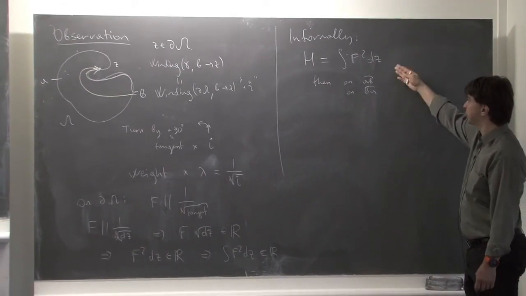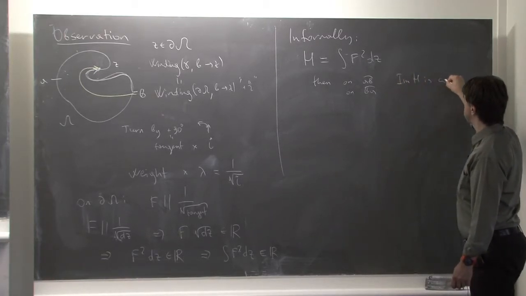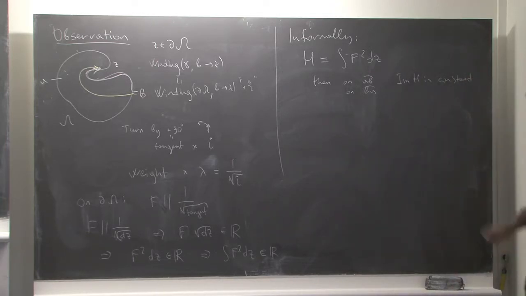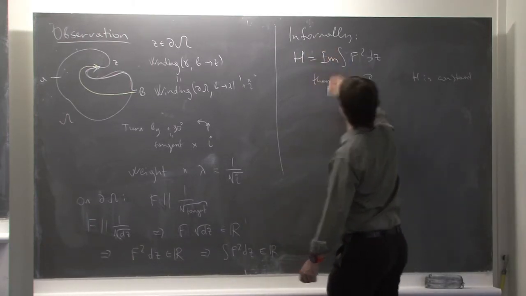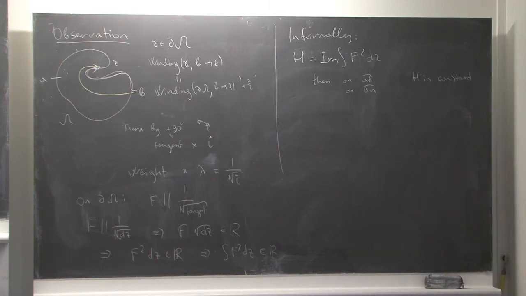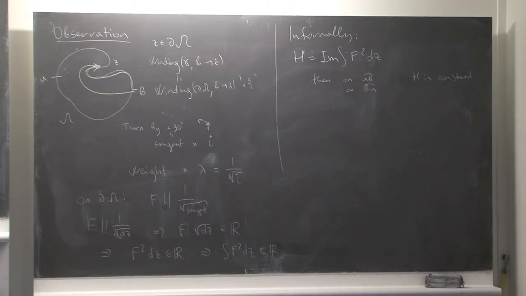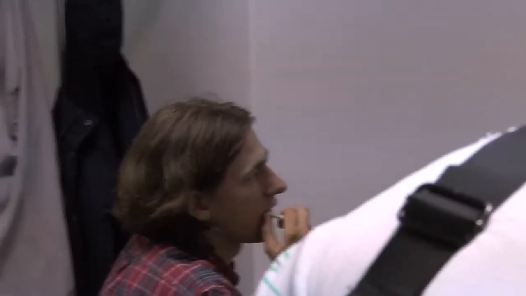So the imaginary part of h is constant. Better yet, I put h to be equal to the imaginary part of this integral. Then h is constant on these two arcs, because this integral is purely real, so the imaginary part is 0. h is defined on the boundary, but it's informal, so we haven't defined it yet.